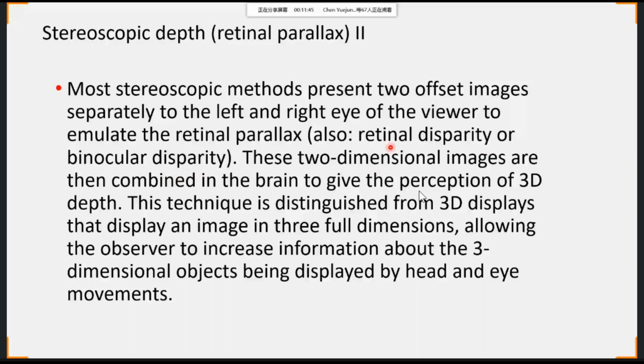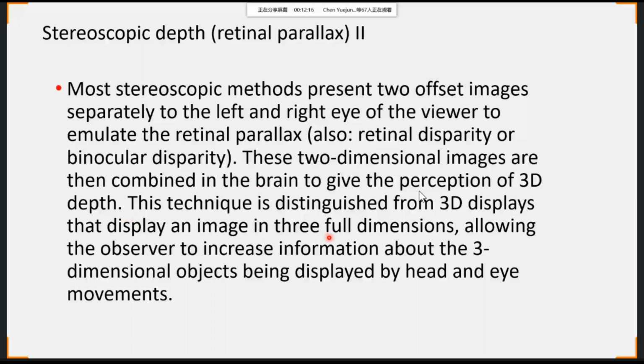It just means there is a difference between the image in the left eye compared to the image in the right eye. And these images are just two-dimensional. Then they are combined in our brains, and they give us the perception of a 3D depth. So it's like an impression of the real world.